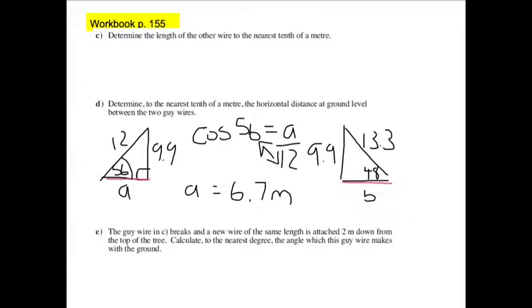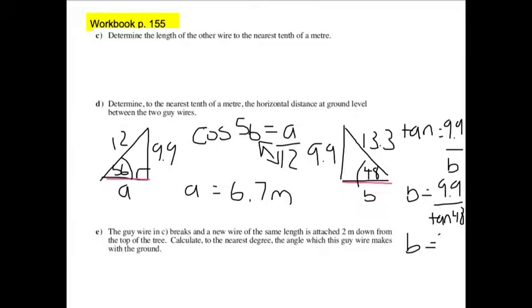For B, you can use cos if you like. This time around, I'm going to use tan. Tan is going to be your opposite over your adjacent. Okay, so when you rearrange that, B is going to equal 9.9 all divided by tan 48, and so B is going to equal 8.9 meters.